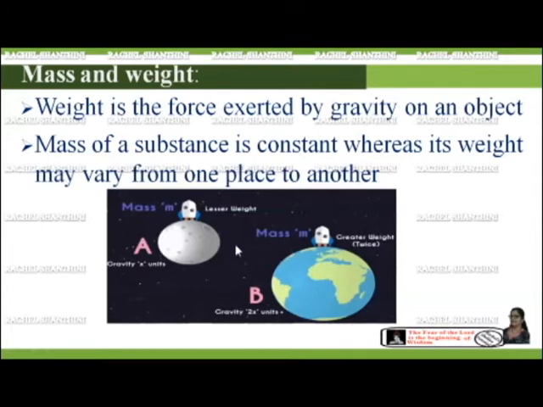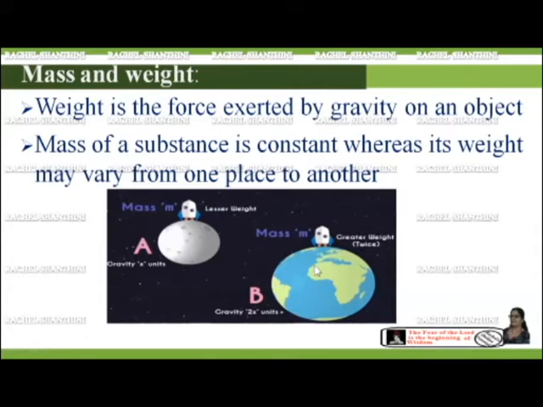So assume in place A, the pull of gravity is x units, and in place B, the pull of gravity is 2x units. Obviously, the pull of gravity is greater in place B. The mass of the object is m in both cases, but the weight of the object is greater in place B because the pull of gravity is stronger.